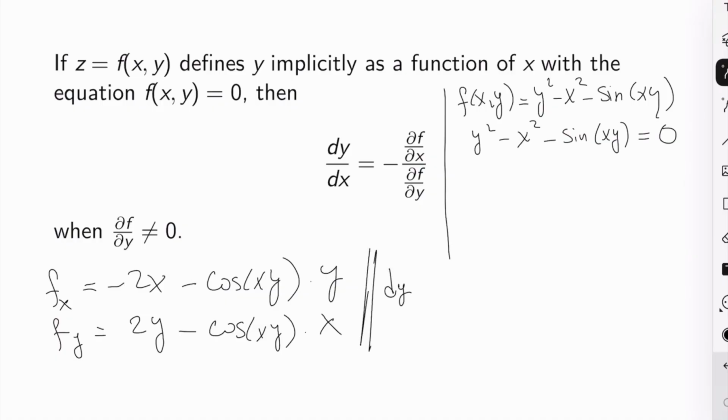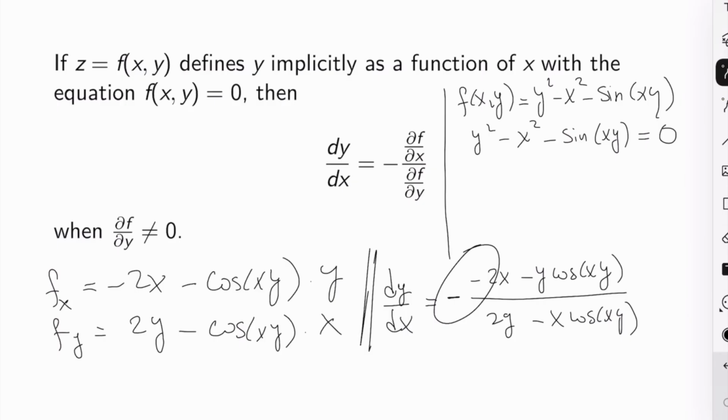So the derivative of y with respect to x, the total derivative of y with respect to x, we could also write y prime, is going to be equal to minus, and then we write the derivative of f with respect to x, which is minus 2x minus y cosine of xy. And this is going to be divided by the derivative with respect to y, which is 2y minus x cosine of xy.